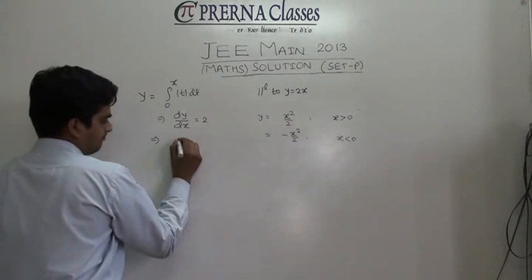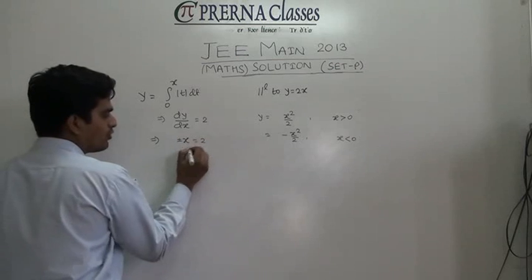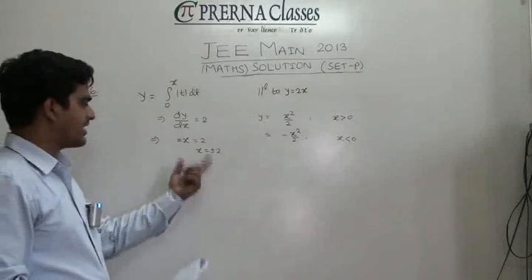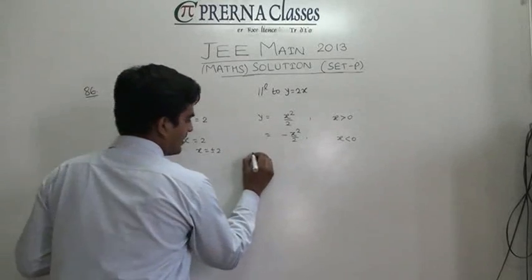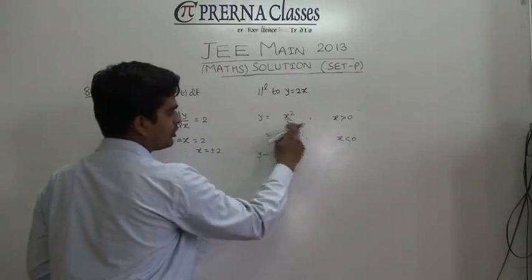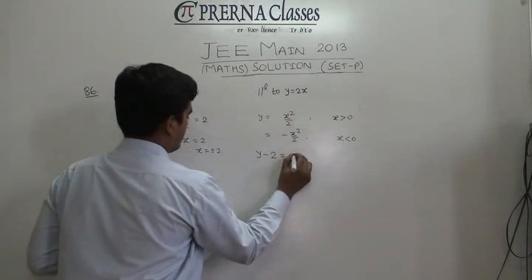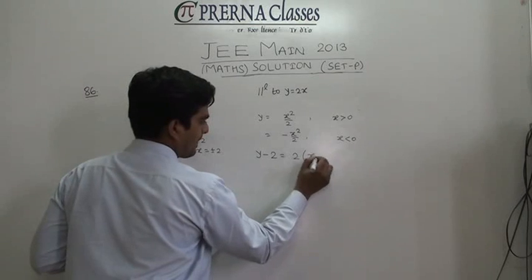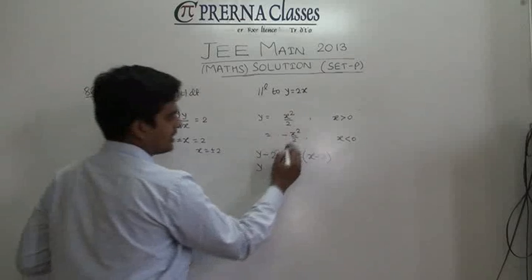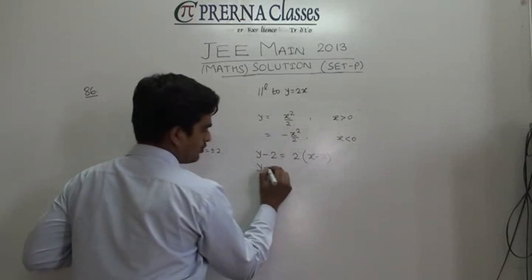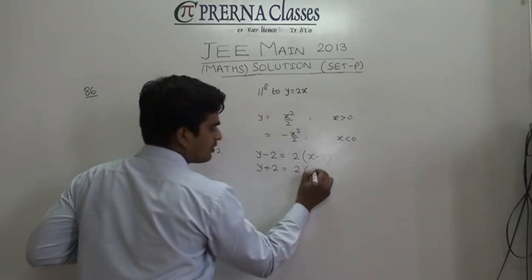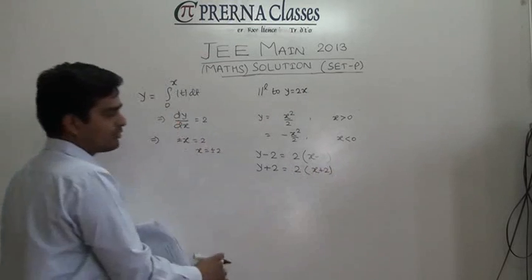So x or minus x, if I equate it to 2, we have got the abscissa of the point of tangency as plus minus 2, implying then the equation of tangent for x equal to 2, the slope is 2, this is one of the tangents, and the other one, if I take x as minus 2, the slope is still going to be 2, and the abscissa is minus 2.